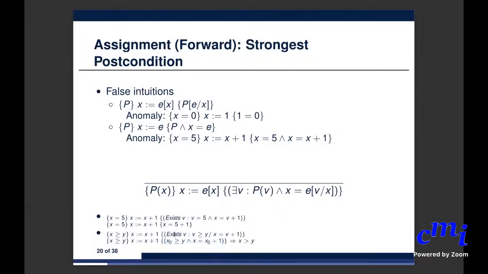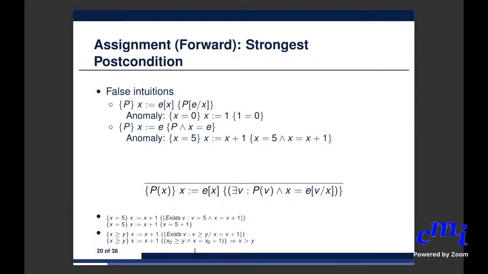So what I've stated as existential quantification can be removed by instantiating that, by creating new logical variables to denote the value in the pre-state prior to the execution of the assignment statements, and that's how you can eliminate existential quantification.